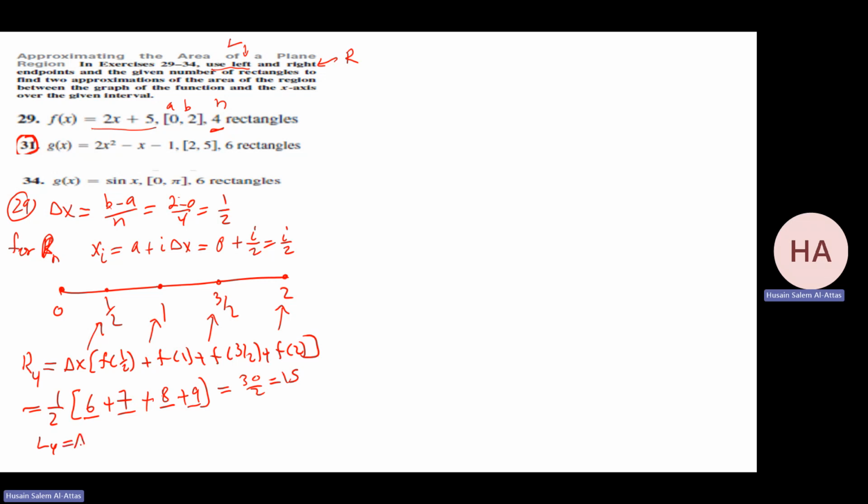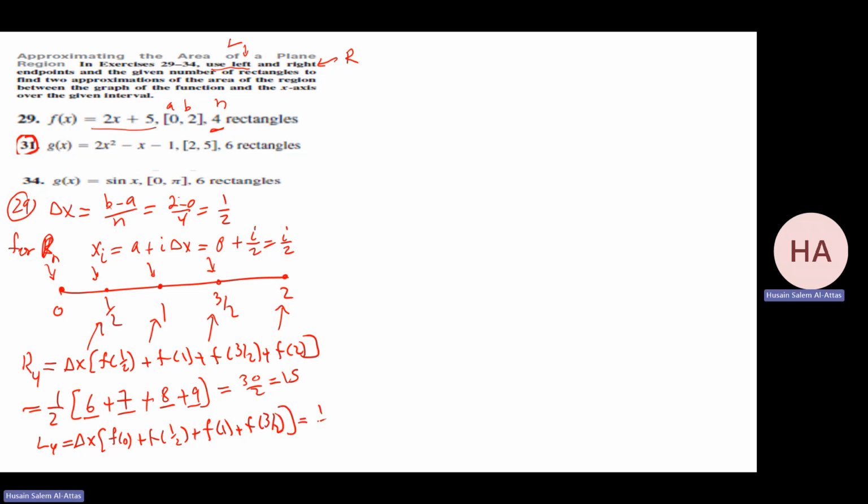L4 will be delta x. Now I choose the left endpoints: f of 0 plus f of half plus f of 1 plus f of 3 over 2.